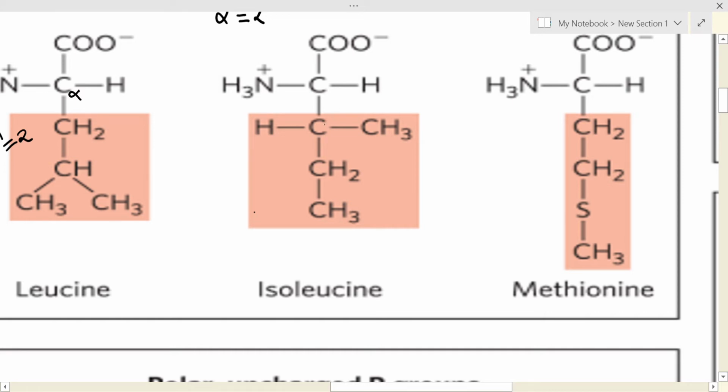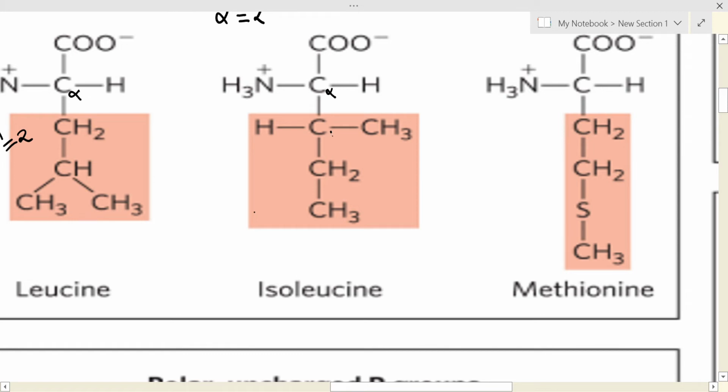So isoleucine, this is again branched in nature, but one key point which you need to remember, we have 2 chiral carbon here. First, this alpha carbon, this is chiral, and this carbon beta, this is alpha, this is beta, we nomenclate carbon atoms like this, alpha, beta.